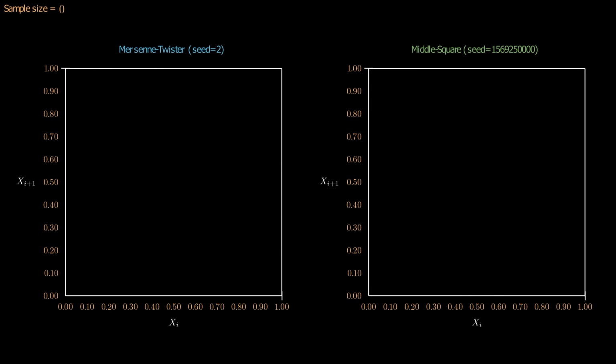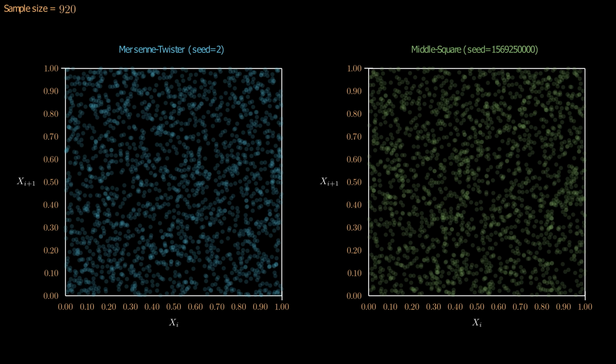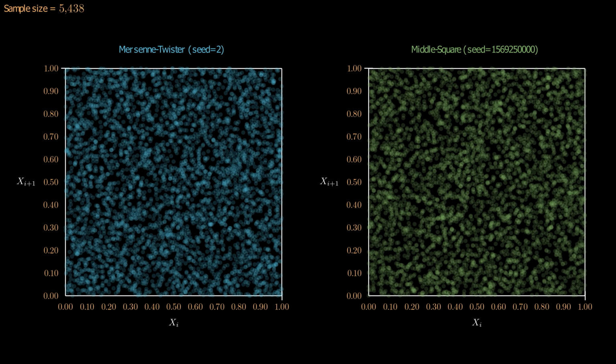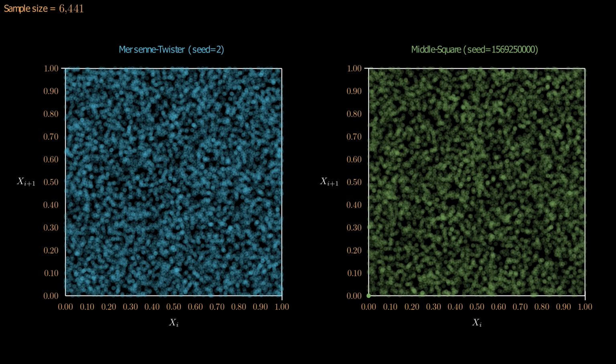Continuing our exploration of these two sequences, we'll look at a dot plot of consecutive values. When the sample size is below 5792, we see that the performance of the two algorithms is comparable and quite good. When the sample size increases beyond that, we see that only the left plot updates.